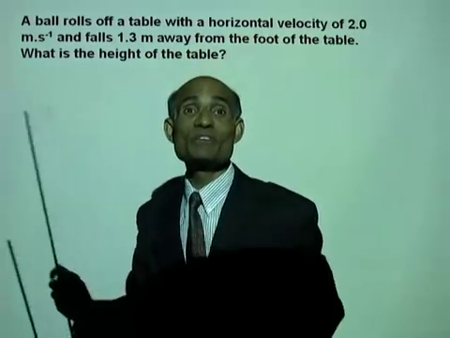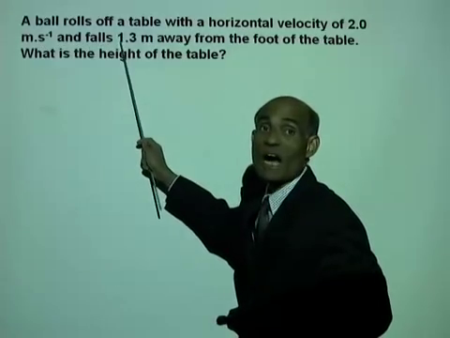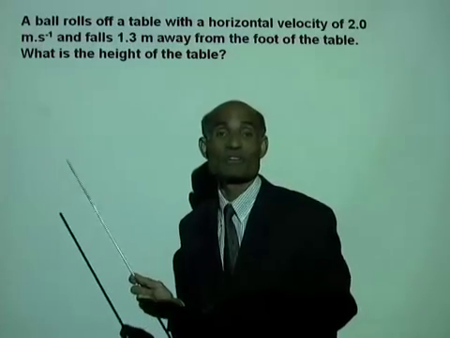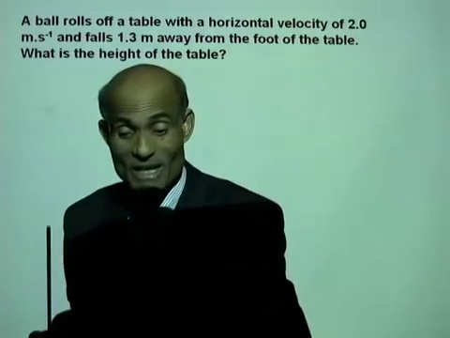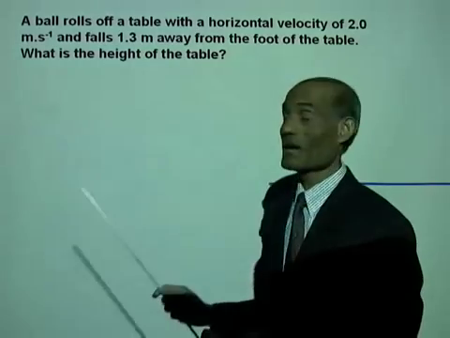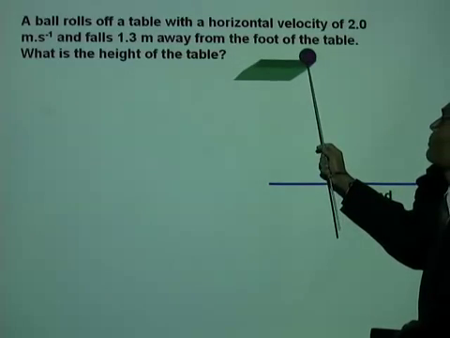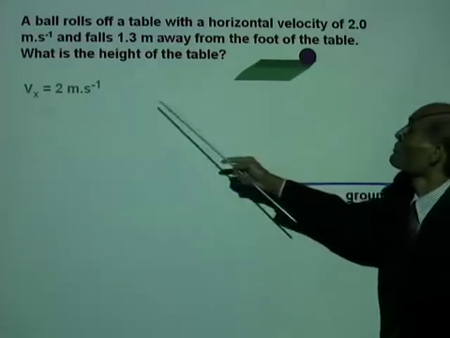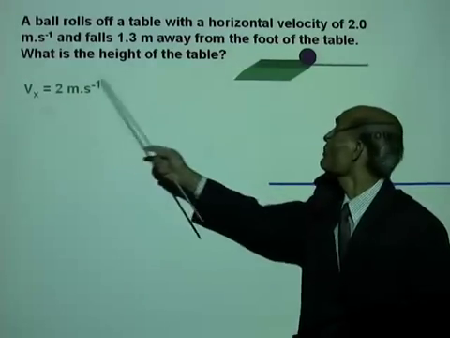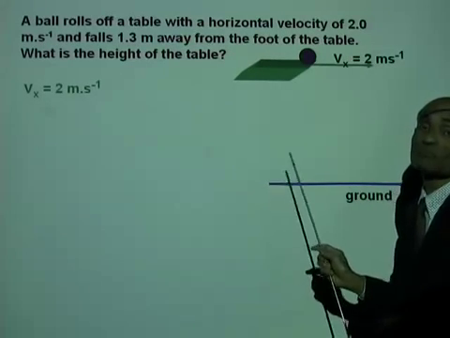Because we know the horizontal velocity and the horizontal distance, we can calculate the time taken for the fall. Alright, let's draw that. Now this is the ground, and here is the table, and the ball is projected with a horizontal velocity Vx equal to 2 meters per second.